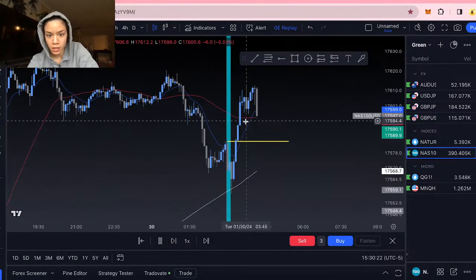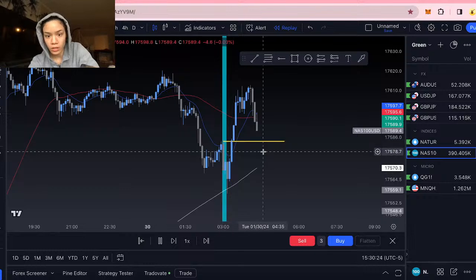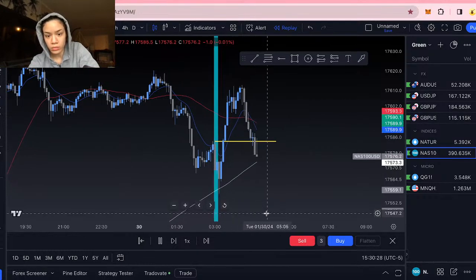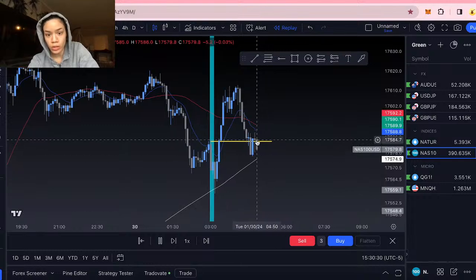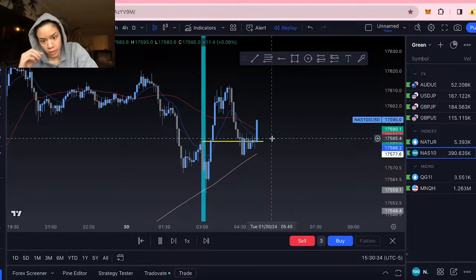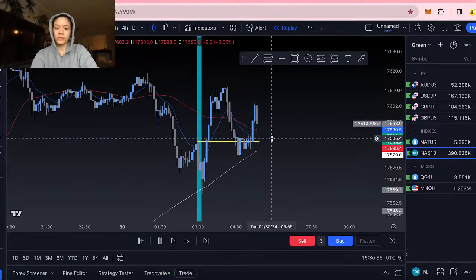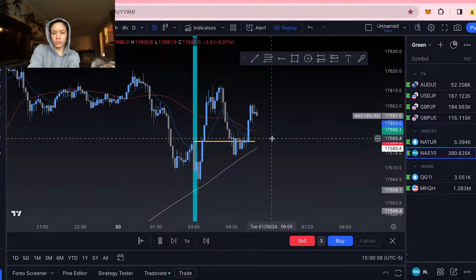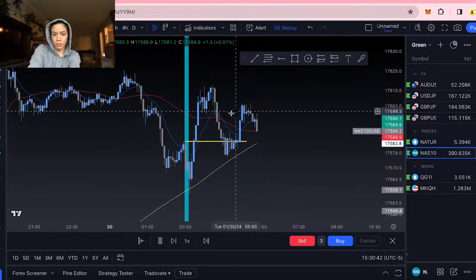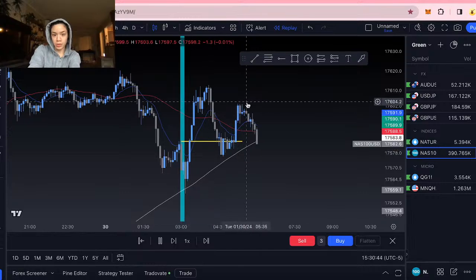So it passed this one right here, passed it again, tapped into it, going on 5 a.m. Met this gap, so that's filled between those two.